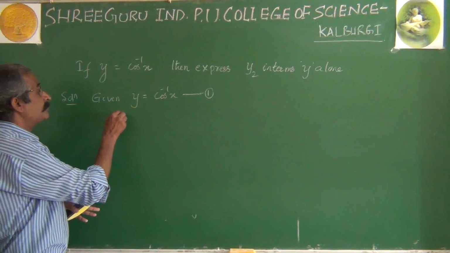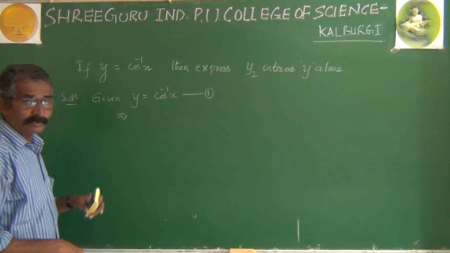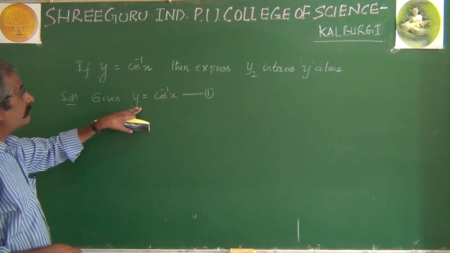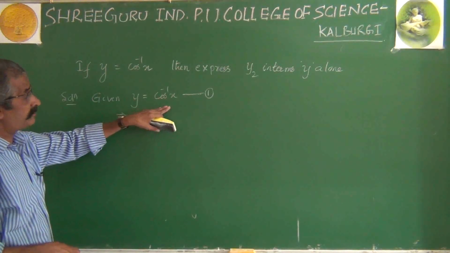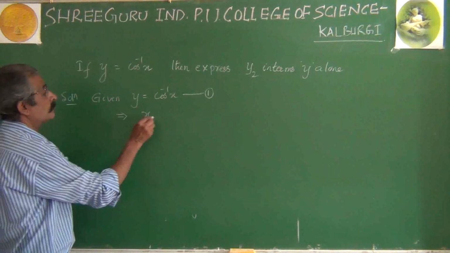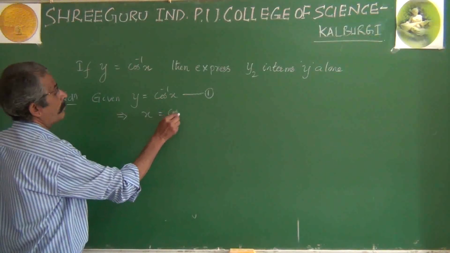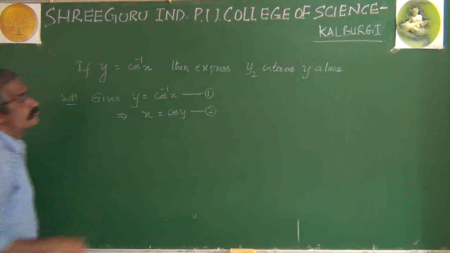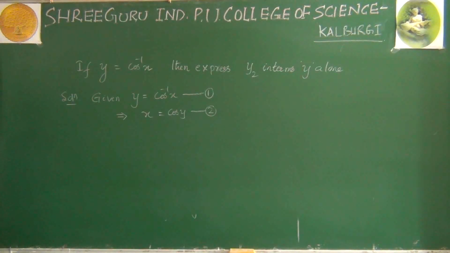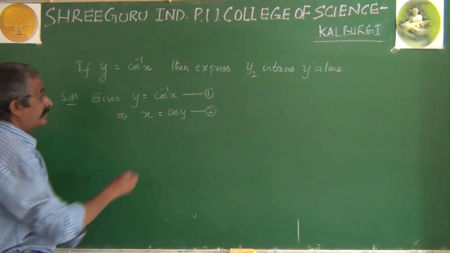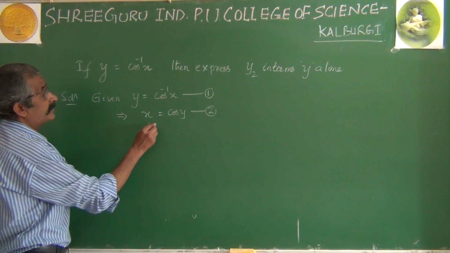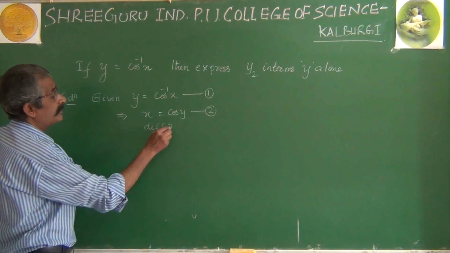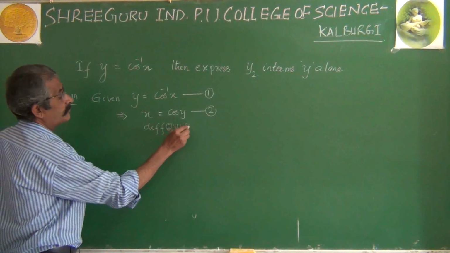By the definition of inverse trigonometrical functions, whenever y is equal to cos inverse of x, it implies that x equals cos y. Call it 2. Now differentiating 2 with respect to x.